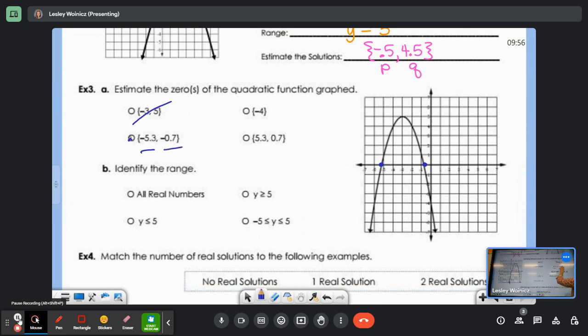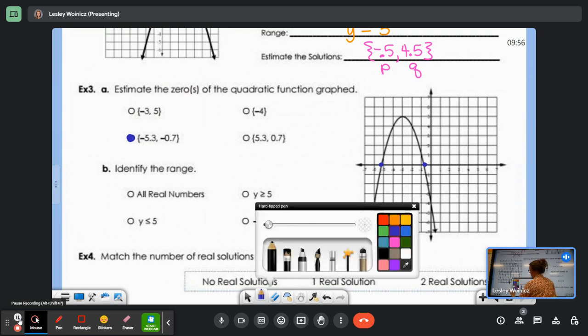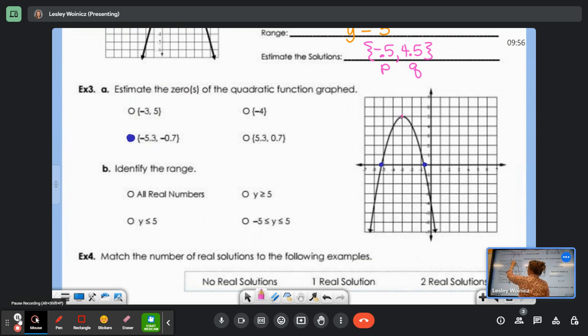So I'm going to pick this guy right here. The range. So I look at the maximum, and then I'm going to go down from the max. So y values that are less than or equal to 5. That's this one. All right.